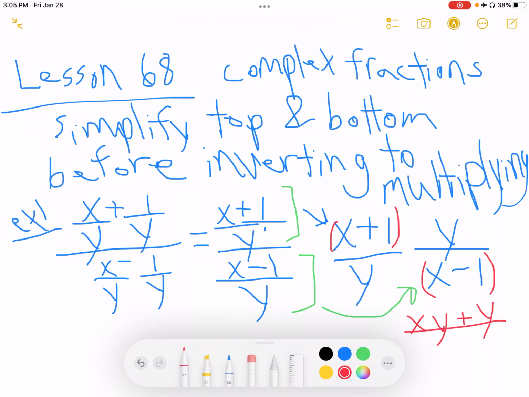Right, so that's for that top part, and then on the bottom we'd have the same thing. We'd have xy for that first part, and then we'd have minus y. Okay, so that would be our solution for that one right there.